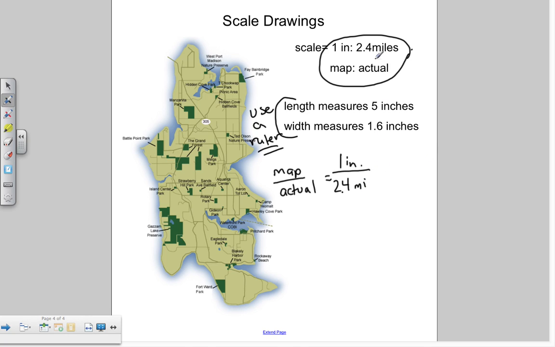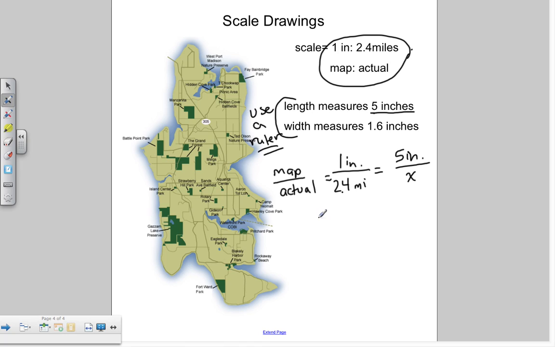Okay, and now I take the information that I have, which is just the length. I have to do 2 separate problems here. The first is the length problem. The second is the width problem. Okay, so 5 inches. Where's that going to go? Is that going to go on map or is that going to go on actual? It's going to go on map. And what am I going to do with actual? I'm going to say that's x because that's the part I'm trying to figure out.